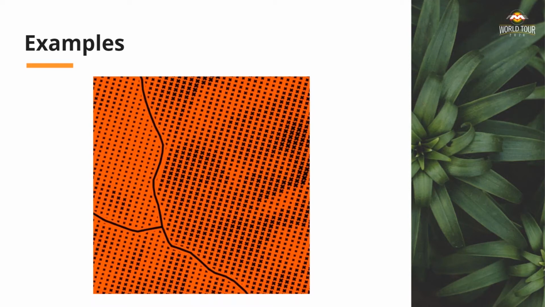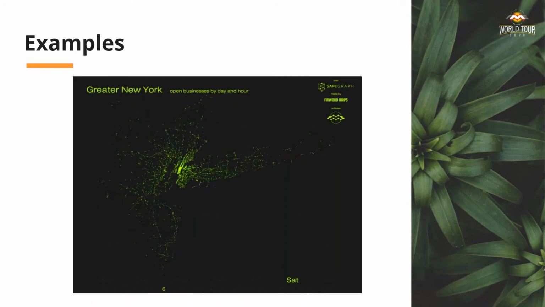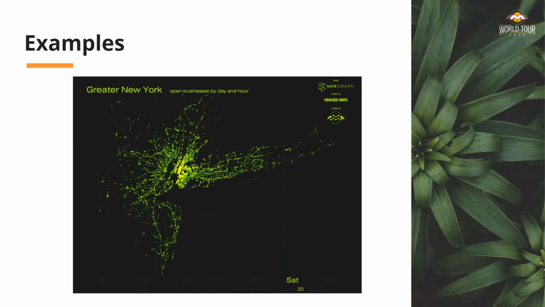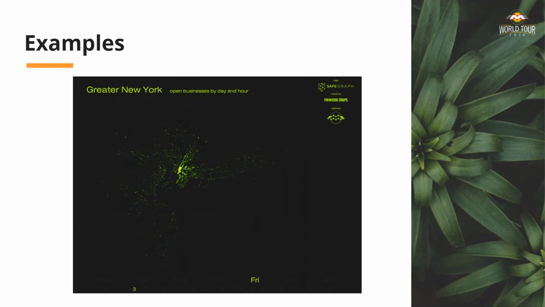Now, if we have a look at the next one, it's a little bit more complicated, but basically it's only the data. There's no background here again, and like I said before, we can totally remove the background content from the map to really let the user focus on the actual data or the information that the data tries to tell.